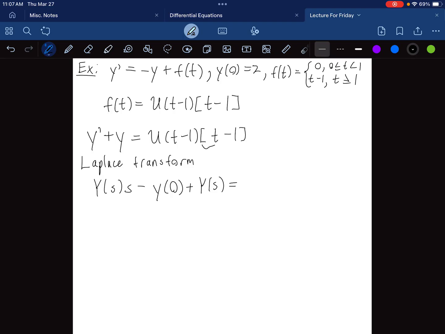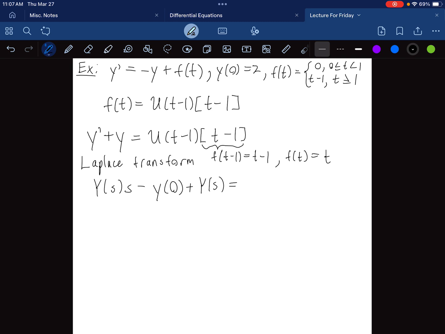Here we have f of t minus 1 is equal to t minus 1. And so wherever we see a t minus 1, we're going to replace it with just a t. So we're going to have just little f of t is equal to t.